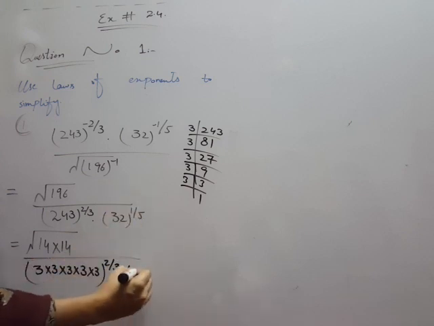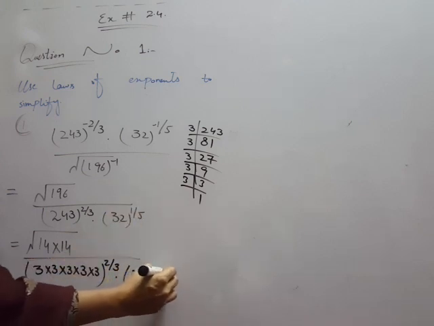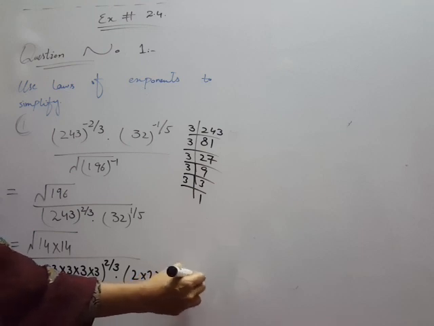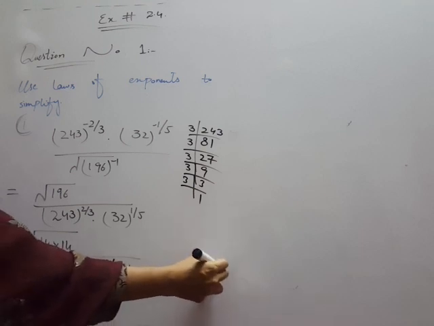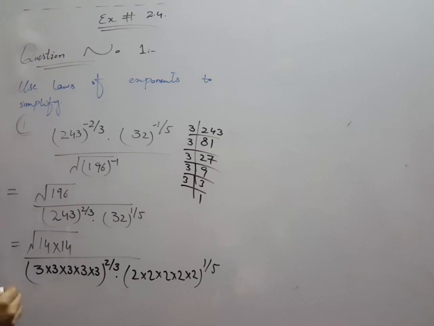Three eights are 24, three ones are 3, three twos are 6, three sevens are 21, three nines are 27, three threes are 9 and three ones are 3. And 32 will become 2 multiplied by 2 multiplied by 2 multiplied by 2 multiplied by 2, raised to power 1 by 5. So this will become 14 square and square root.